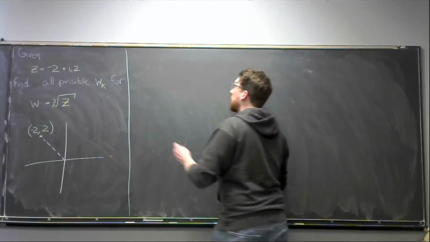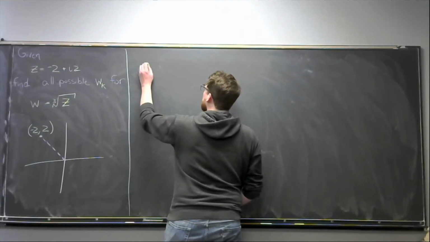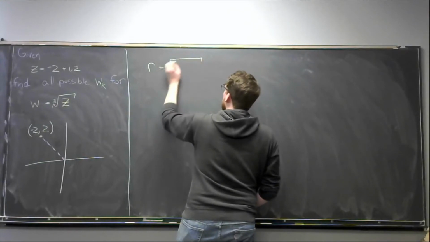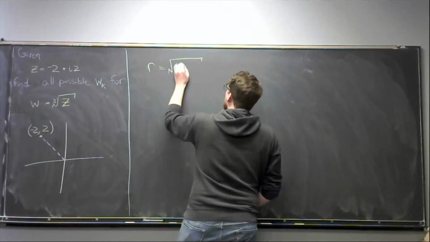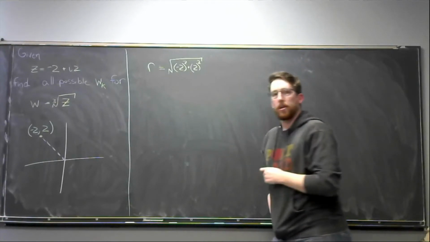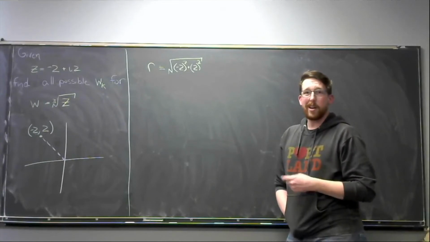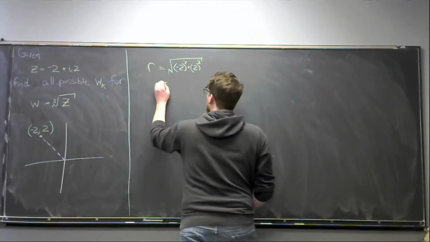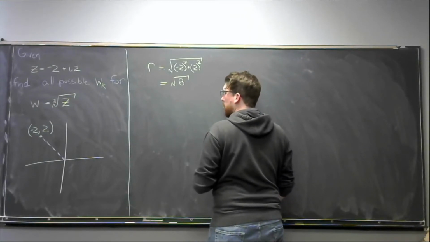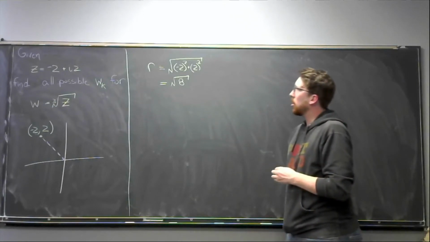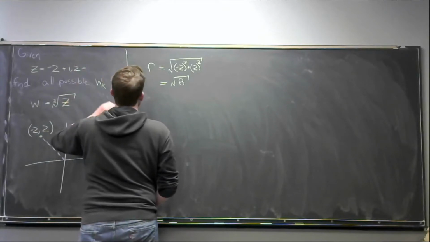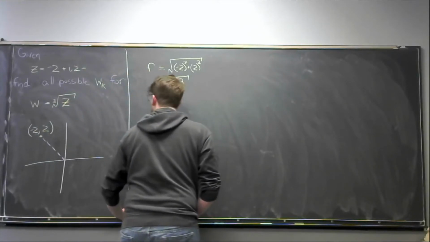To do that, first we need to find what r is. r is going to be equal to the square root of -2 squared plus 2 squared. That's going to be the square root of 8, isn't it? Okay. So whatever this comes out to be, we now know it's going to have the square root of 8 in it.